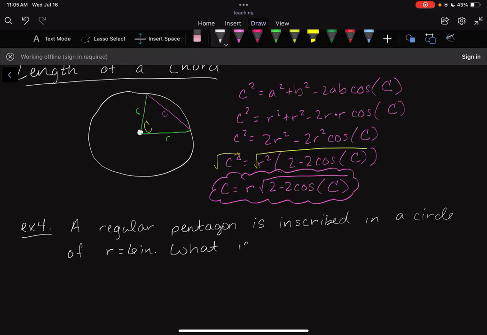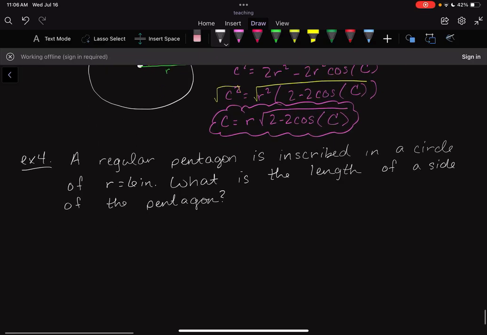What is the length of a side of the pentagon? And you can go ahead and pause and write that down. I'm going to start talking about it though.